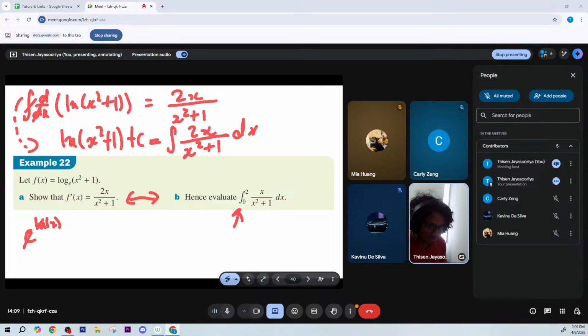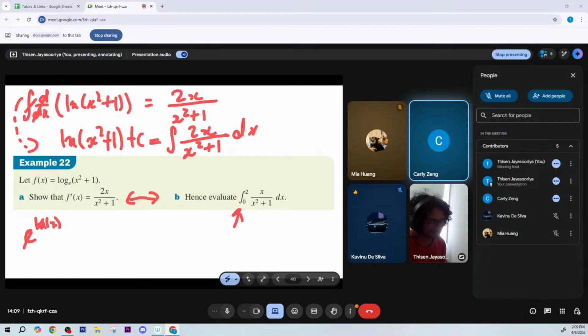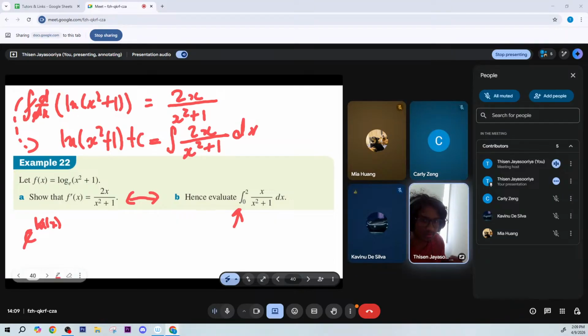So does that make sense for everyone? What part doesn't make sense, Carl? Bro, I actually don't know. I don't know what's been happening. So remember how anti-differentiation is the reverse process of differentiation?